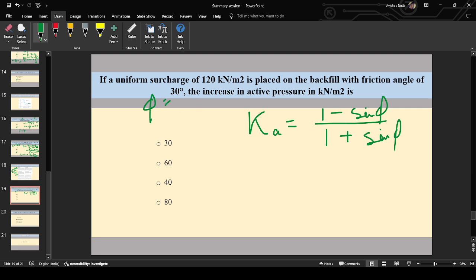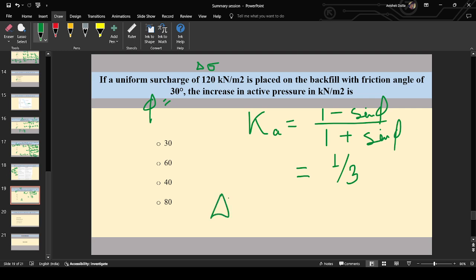Uniform surcharge, that is sigma. It is placed, it is del sigma, suppose. So Ka for 30 degree is 1 minus sin 30 by 1 plus sin 30, we get 1 by 3. Now what is the increase in active pressure?